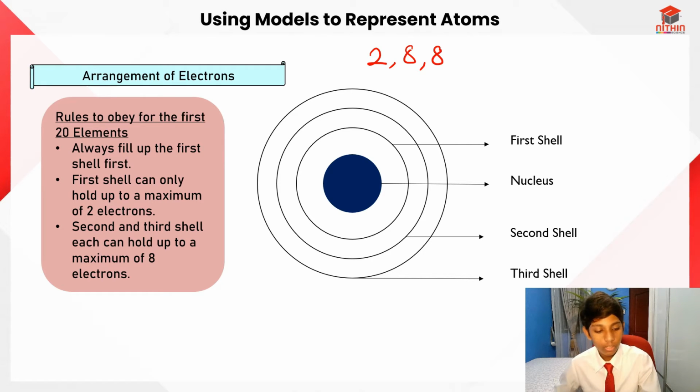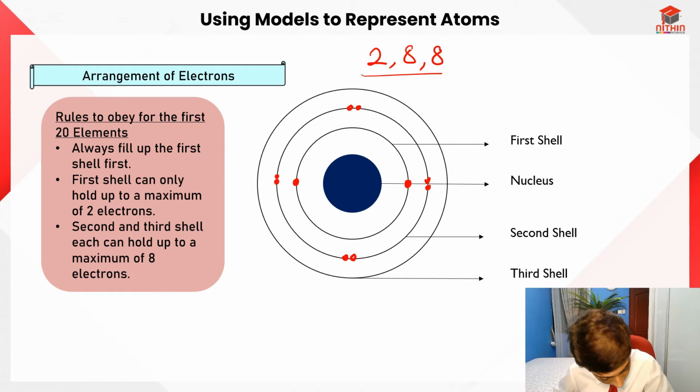So this is the arrangement: 2 electrons here, and the second and third shells can hold 8 electrons each. When I draw this, the arrangement is 2, 8, 8 electrons.